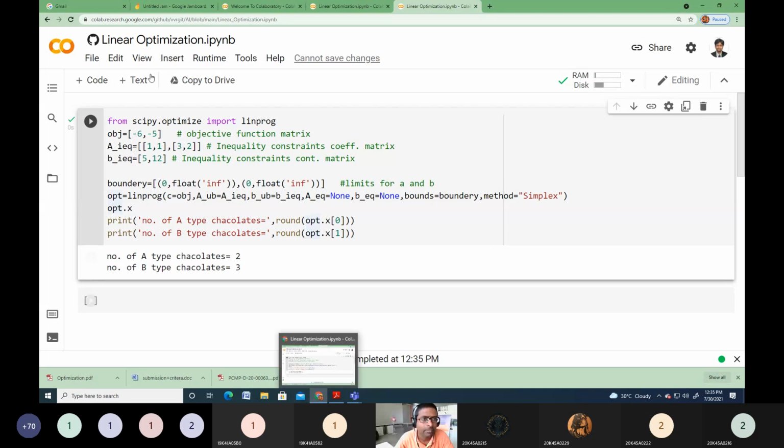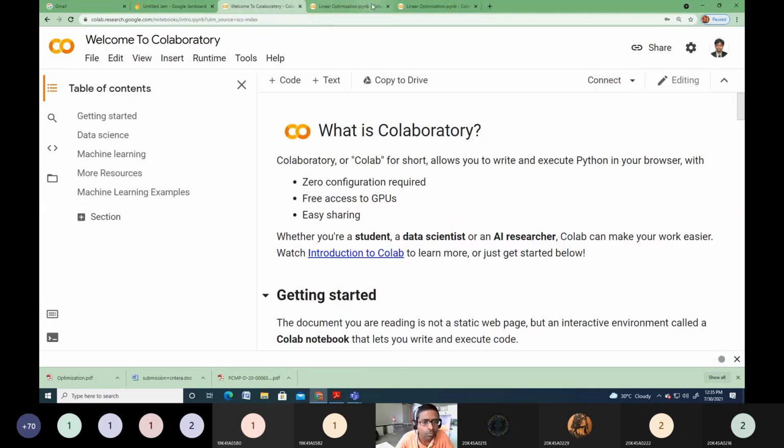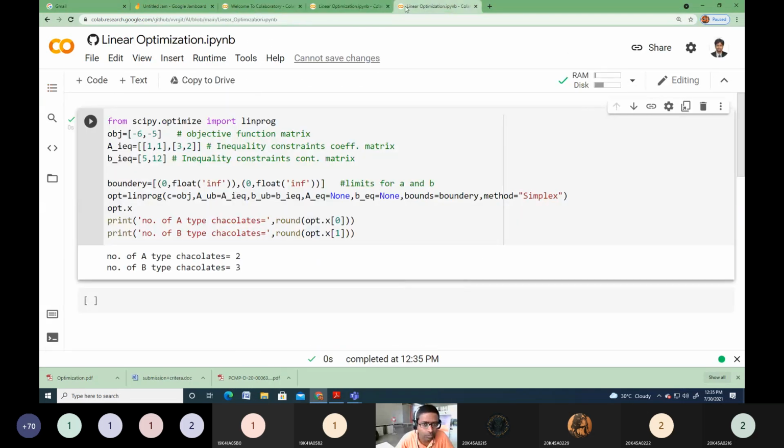So that's how you can use Google Colab. I think you understand, right? First of all, type Colab in your Google Chrome or Mozilla, whatever it may be. Sign in to Google Colab using any Gmail account, any Google account.